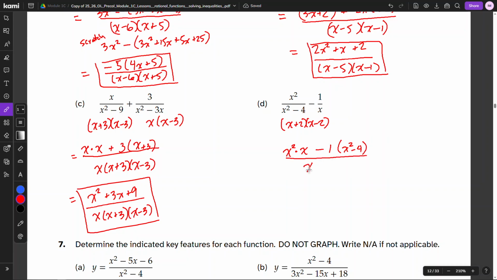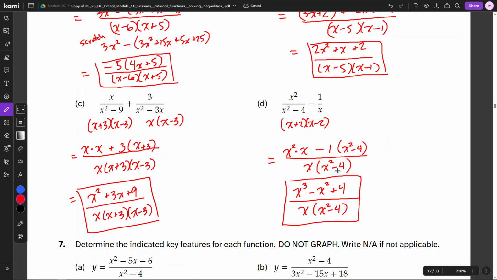And the denominator is going to be x times x squared minus 4, because it looks nicer to me. So the numerator is going to be x cubed minus x squared plus 4, all divided by x times x squared minus 4. And there is my work.